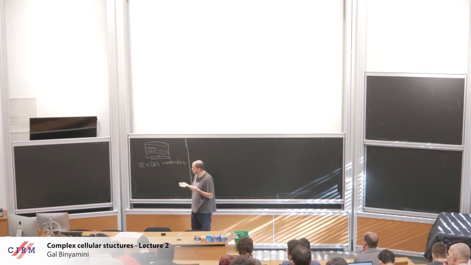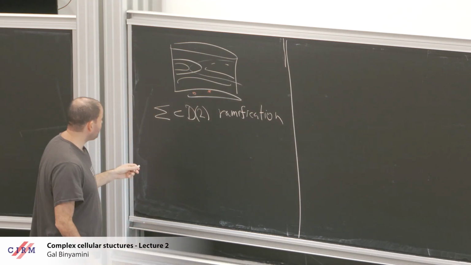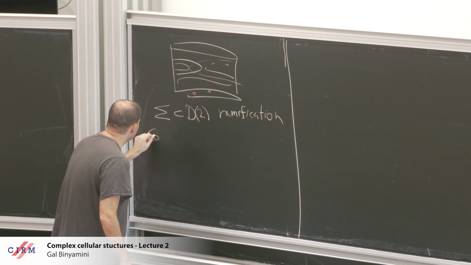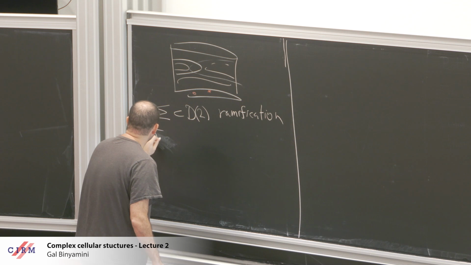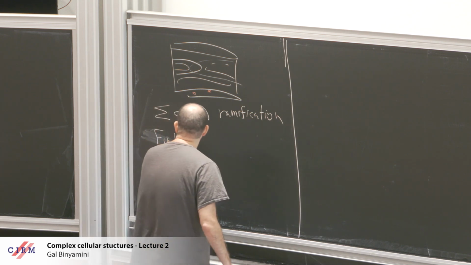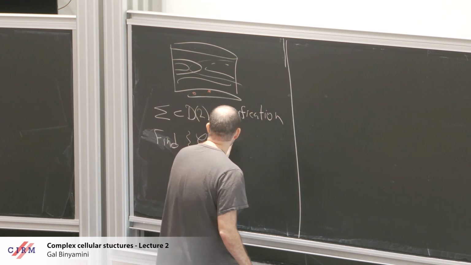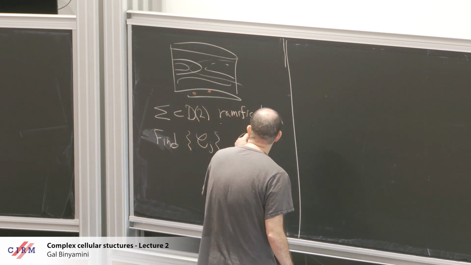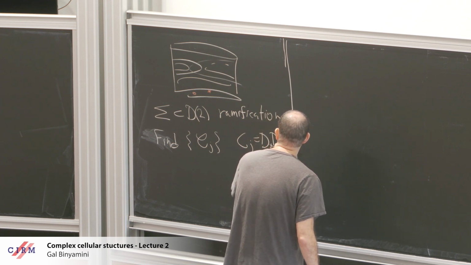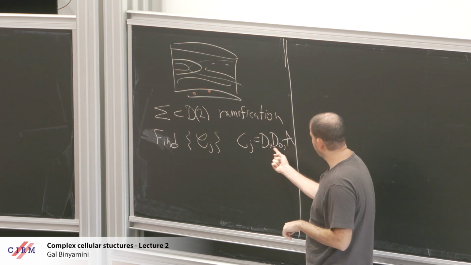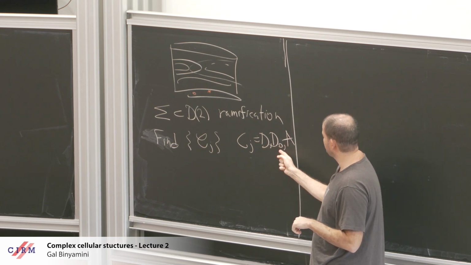So what the problem basically reduces to is that we have such a set, and I want to find some collection of cells Cj, where every Cj can be some disk, or a puncture disk, or an annulus. So that's my notation for a disk, a puncture disk with a little circle here, or an annulus.